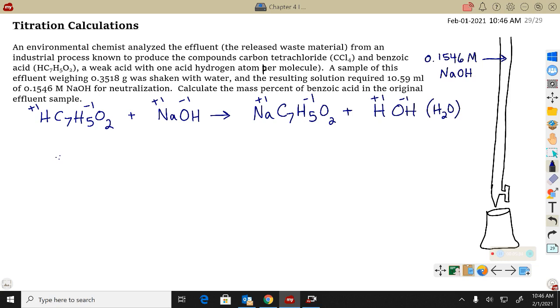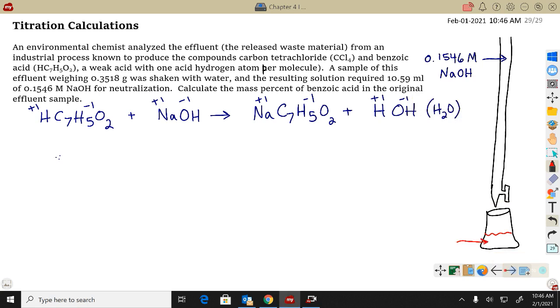Okay, so in a nutshell then, I know the concentration of the sodium hydroxide, and I want to know how much acid was in this mixture. And so in the bottom here, technically in my flask is a mixture.